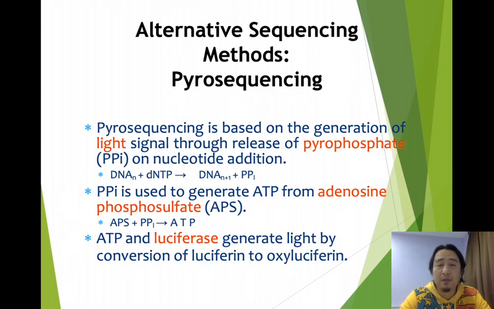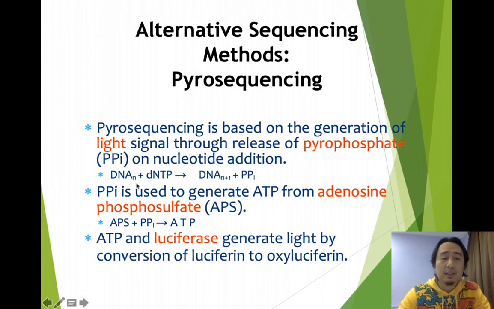The principles of Pyro Sequencing is based on lights. This light is actually generated from ATP and luciferase. So kat sini kan, kalau you tengok dekat ni, DNA, N ni lah bilangan nucleotide tu tadi.